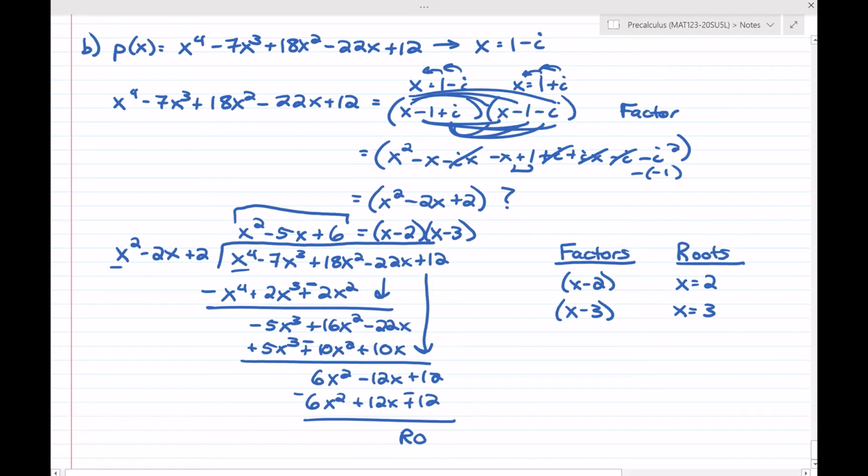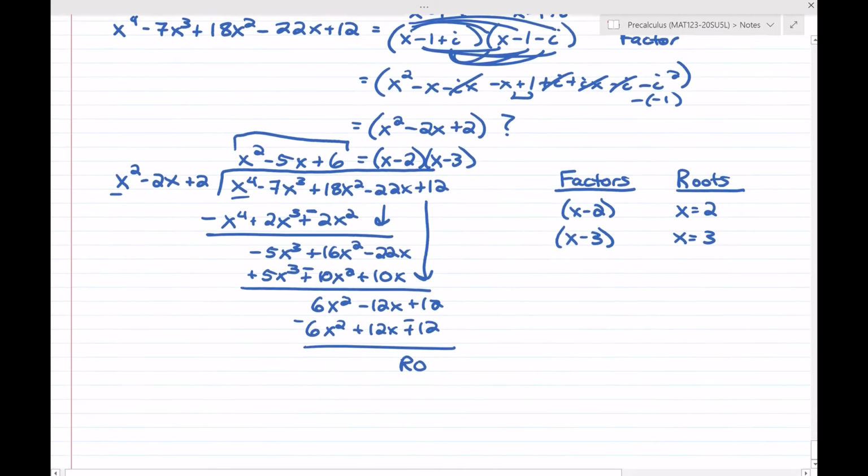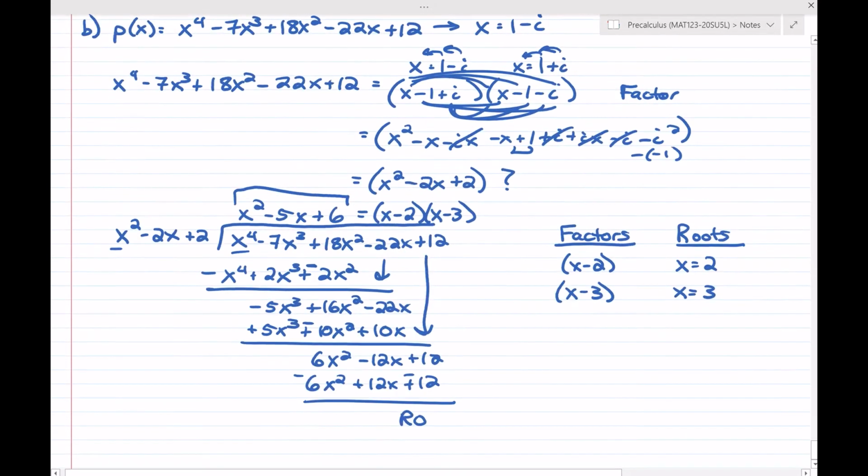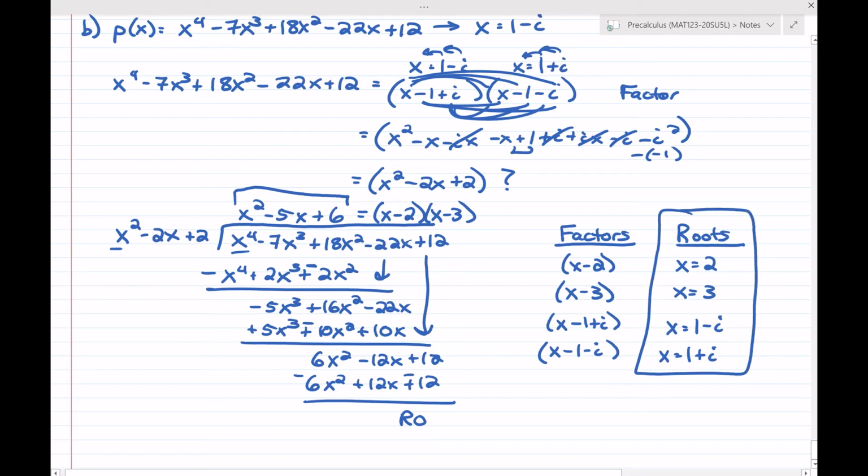And then we also had the other roots to start with, right? We knew that x was equal to 1 minus i and x was equal to 1 plus i. And in factor form, this would be x minus 1 plus i and x minus 1 minus i. I believe the question asked us for our roots. So those are the roots.